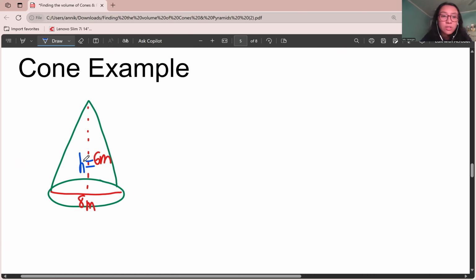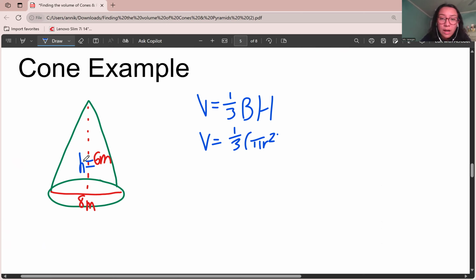Again, we can start off with volume equals 1/3 base times height. Our base is going to be a circle, so we can use pi r squared times h. Now we have the height, and we need to look for the radius.